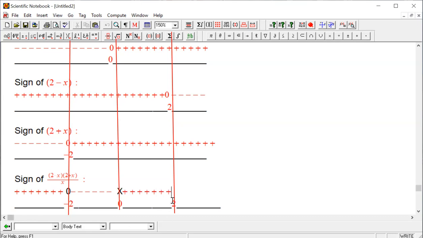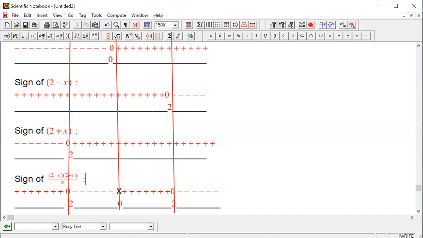At 2, what happens? We got a 0, right? Larger than 2, positive, negative, positive. So that's going to be a negative. Is that clear? 0 is undefined. 0 is a place that is undefined.